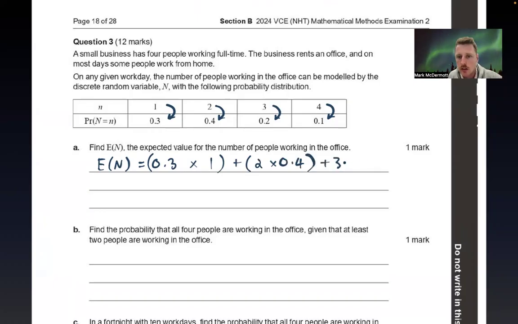Plus 3 times 0.2 plus 4 times 0.1. Okay, you crunch those numbers and you get 2.1, I think. So you would expect the number of people working in the office on any given day to be 2.1.